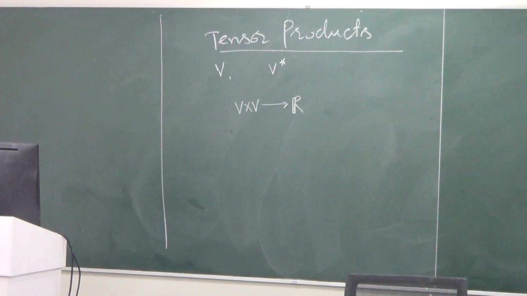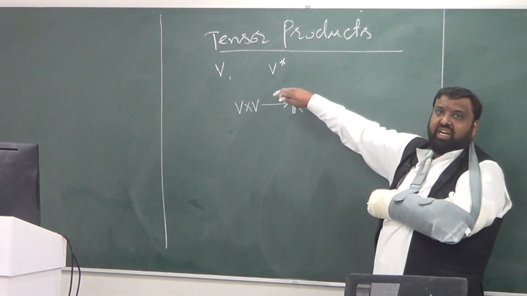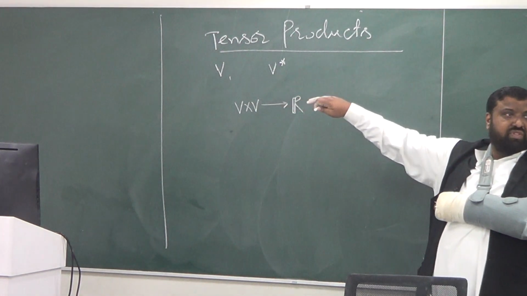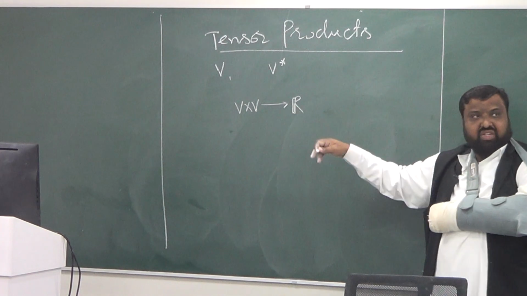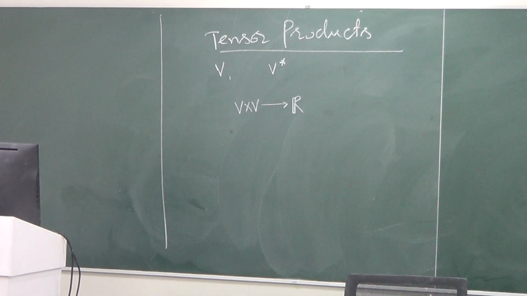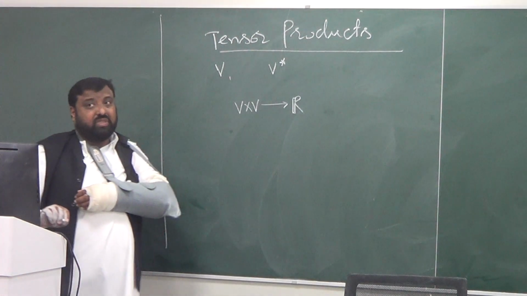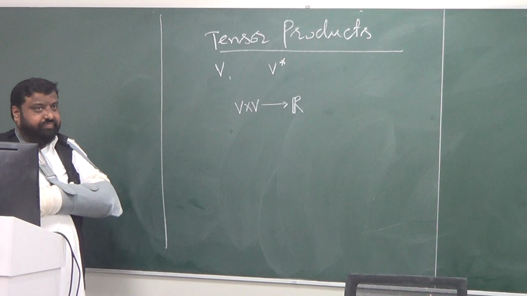So I have defined tensors, not created them. Question: can we create them, using purely V and V star? I don't want to go outside V and V star; I want to do things within V and V star. So I want to create a linear map, but purely using V and V star, nothing else. So how can I do it?